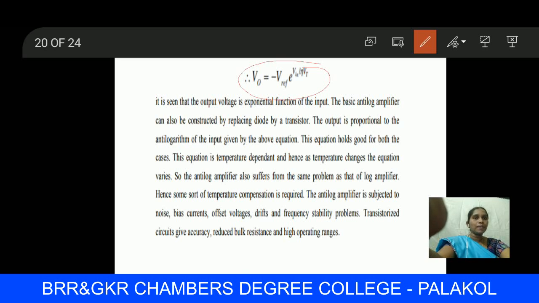This is temperature dependent, and hence when the temperature changes, the equation also varies. So the anti-logarithmic amplifier also suffers from some problems, as log amplifiers do. Some temperature compensation is required. Bias, noise, offset voltages, drifts, and frequency stability problems are there in these logarithmic amplifiers.